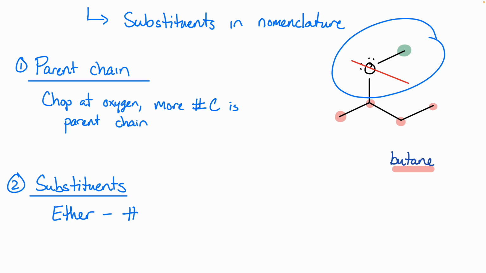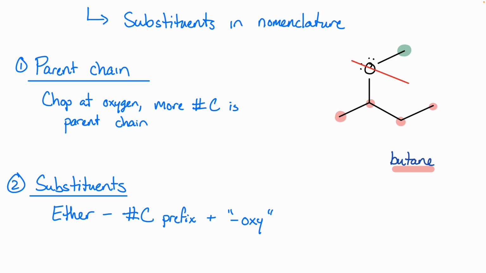It's going to be that number of carbon prefix plus the ending oxy. Right, so again, I'm going to treat this whole thing as a substituent here. And in particular, because it's 1 carbon, this is a methoxy group.